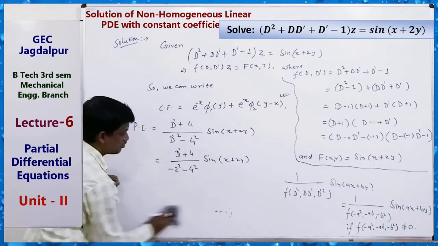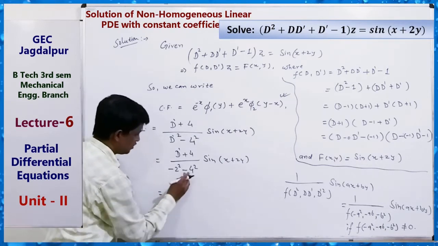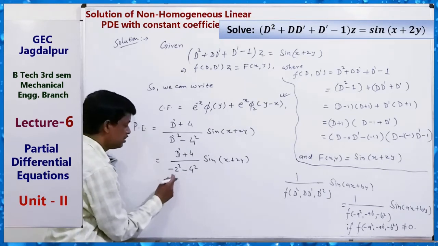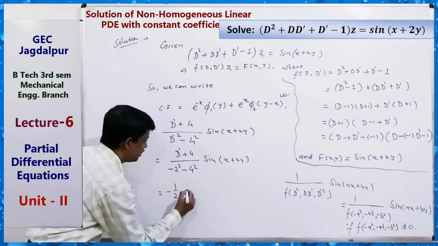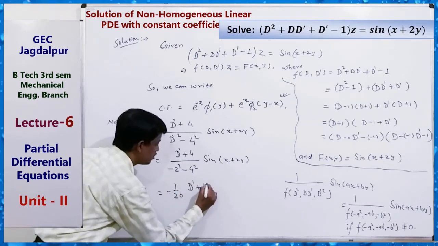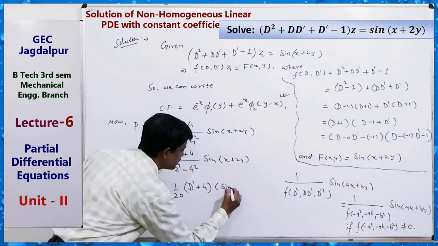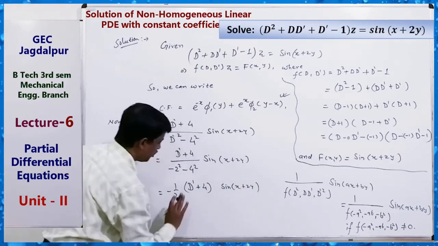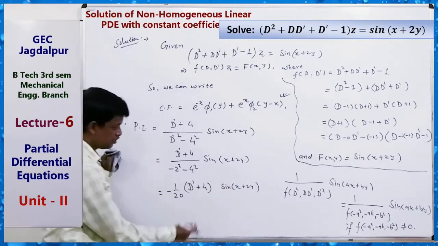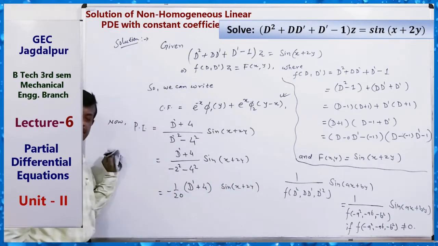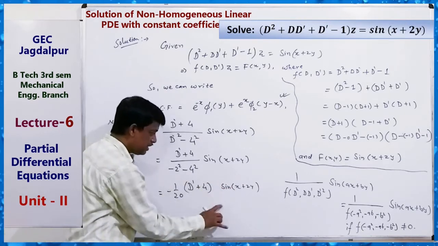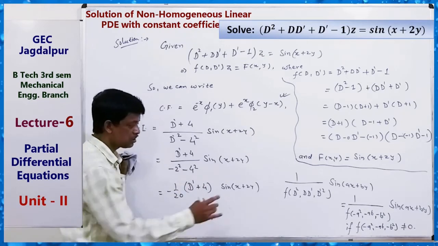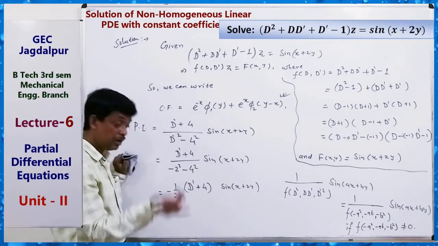So this equals −4 − 16, that is −20. So −1/20 times (D' + 4) sin(x + 2y). Now operate this on this. D' of this means ∂/∂y with respect to y. The derivative of sin is cos(x + 2y) times 2.